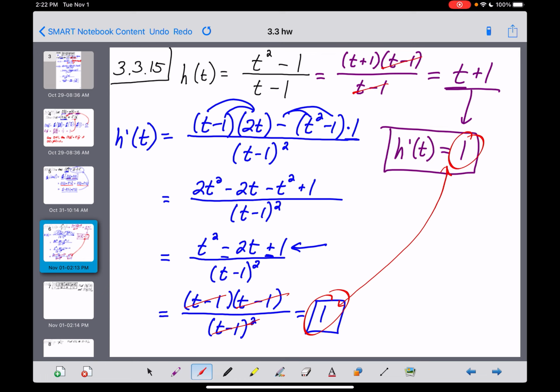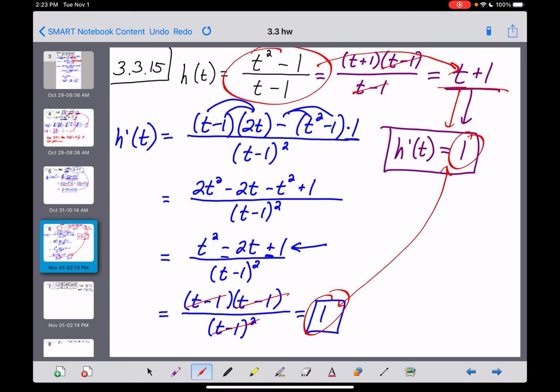Now, obviously, the second way of doing that problem was a lot faster and a lot easier. So let that be a lesson to you, everybody. If it is possible to manipulate and simplify the original expression, you are almost always better off doing that right off the bat, whittling it down to something simpler, and then taking the derivative of that simplified version.